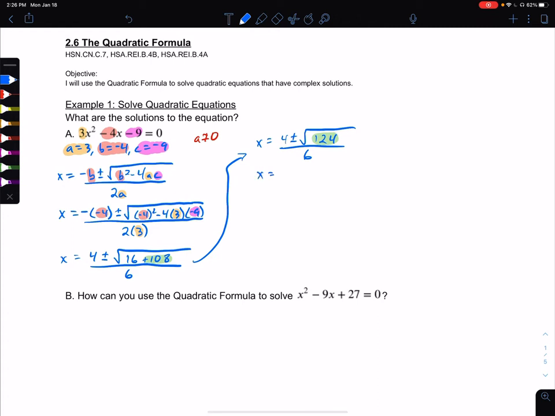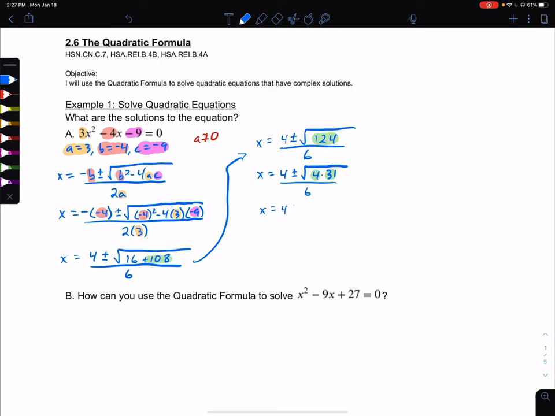In this case, sometimes it's trial and error, sometimes it's just being really familiar with the numbers, but you want to test perfect squares. So you want to see if numbers like 4, 9, 16, 25 go into that. What's going to happen is 124 is 4 times 31. So I'm going to split that up. And that's all still over 6.